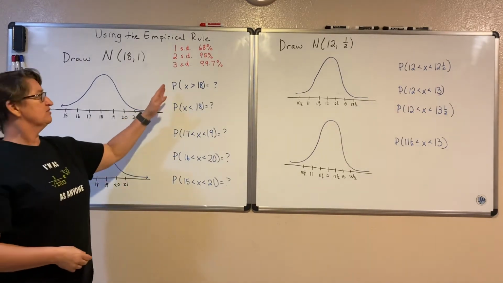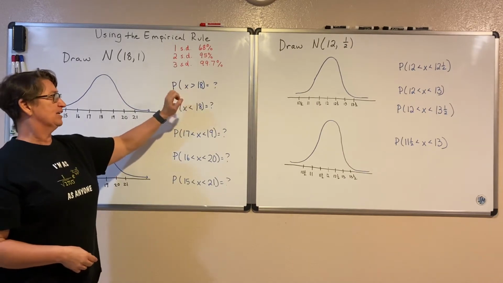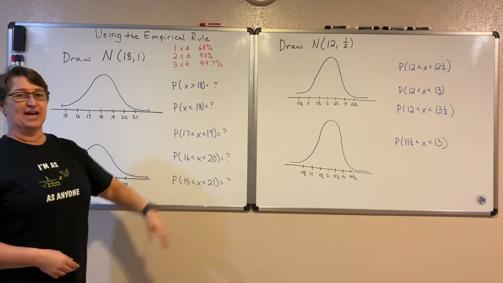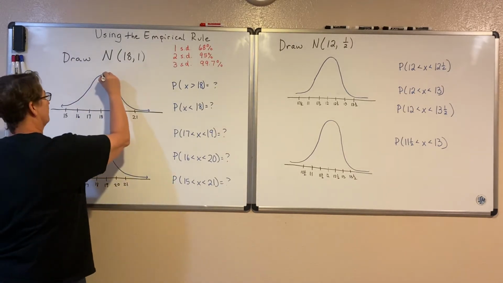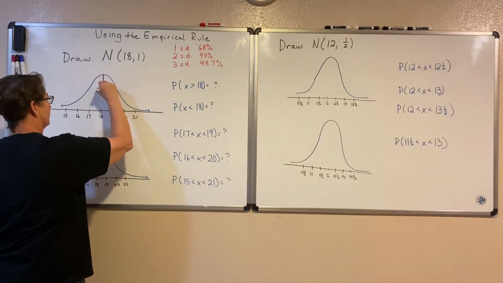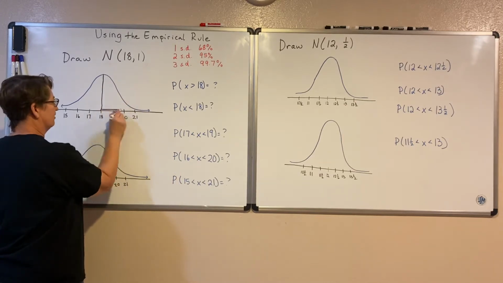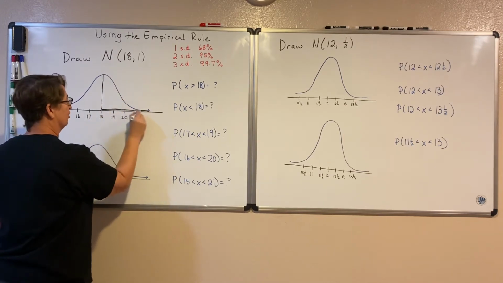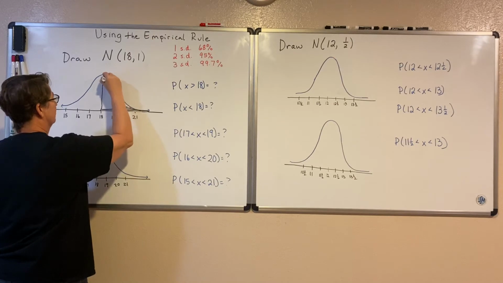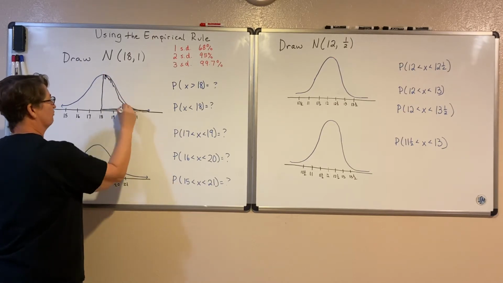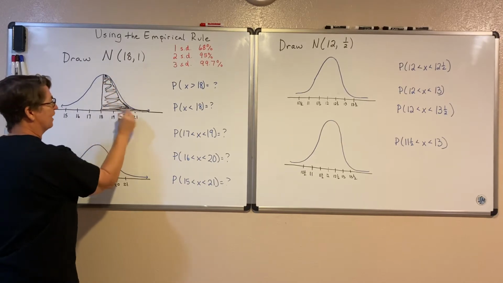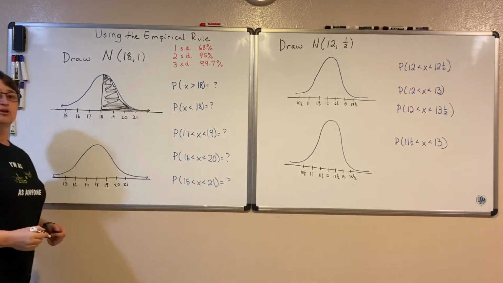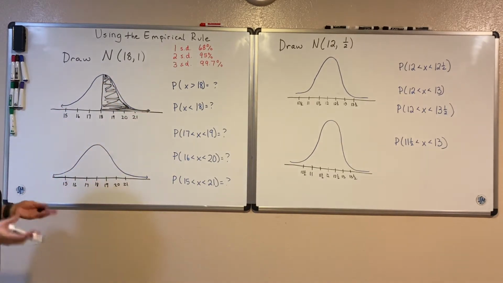So if we look to see the probability I get some random variable above 18, we'll notice that if I color in from 18 over, I'm looking for this area underneath my curve. And how much of my curve have I covered? Notice that I colored half of it.